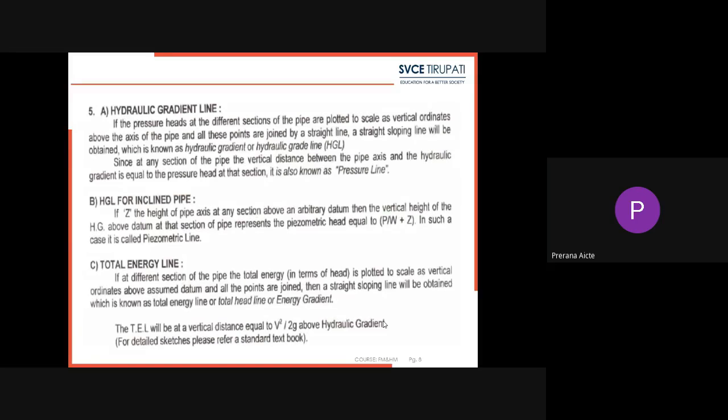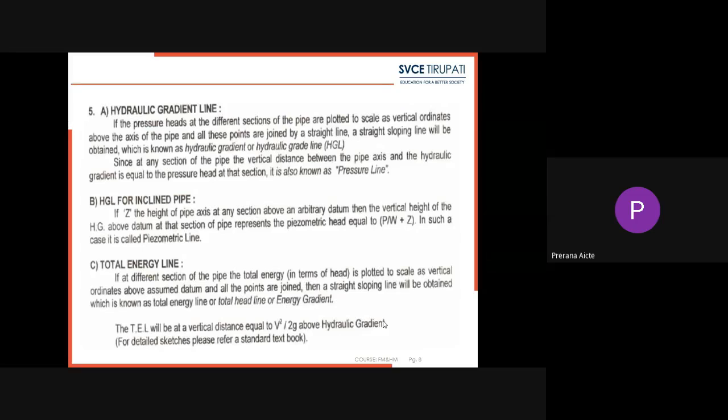Another one, hydraulic gradient line for the inclined pipe. In case of an inclined pipe, Z is the height of the pipe axis at any section above the arbitrary datum, then the vertical height of the hydraulic gradient above the datum at a section of pipe represents the piezometric head, which is equal to pressure head plus datum head.